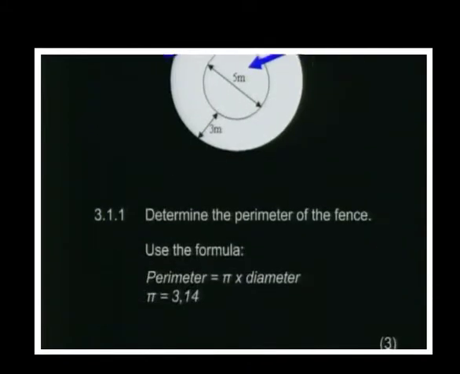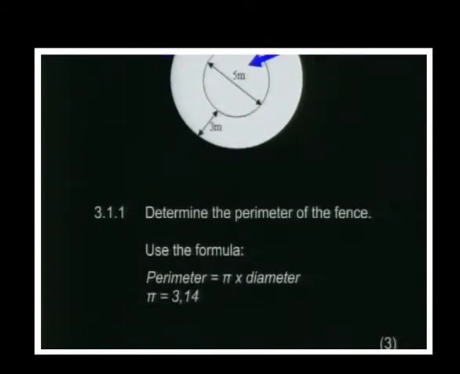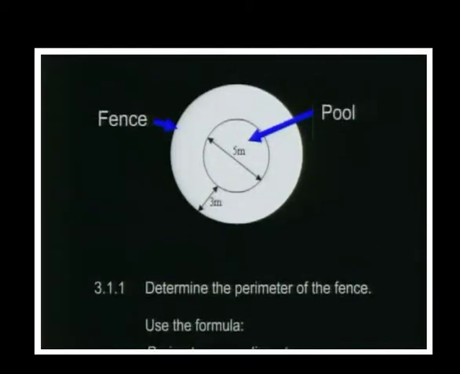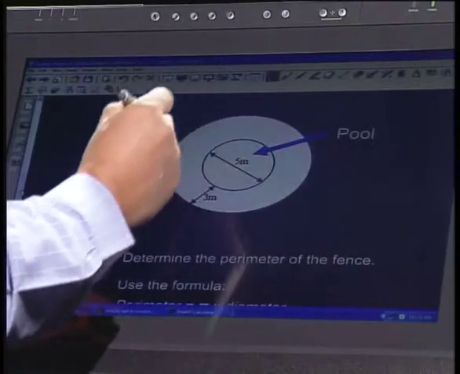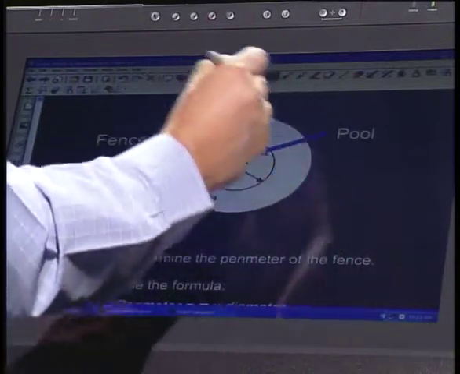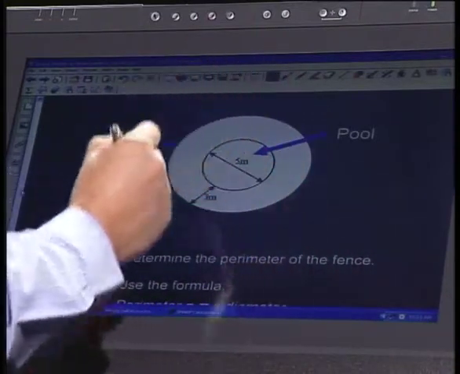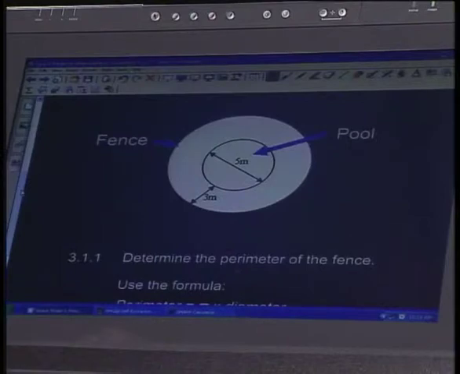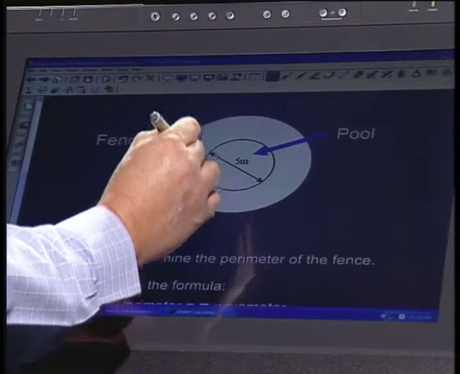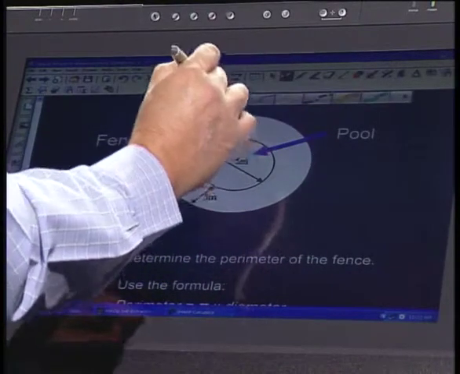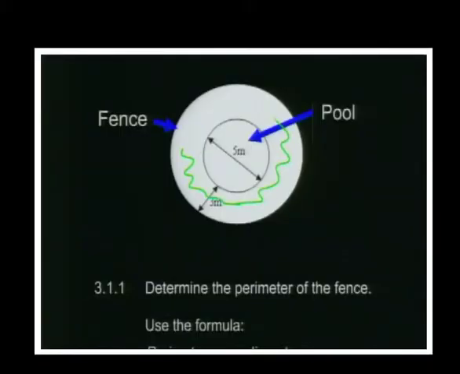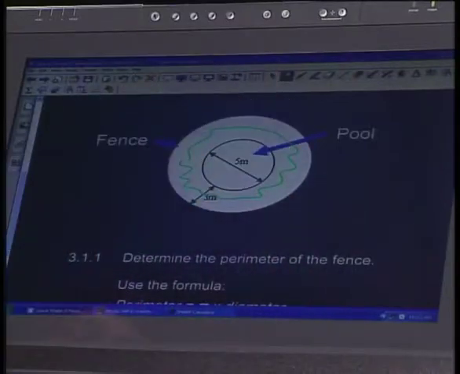So the first question says this: determine the perimeter of the fence. So we want to know how long the fence is that's going around this whole pool, as well as the cemented area or the grassed area or whatever this area actually is. If we pretend that this was all grass, we want to know the perimeter of the fence.